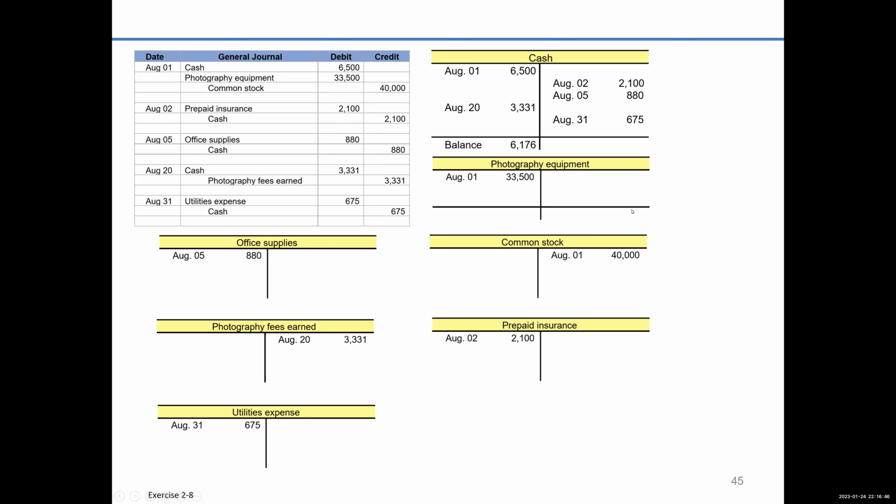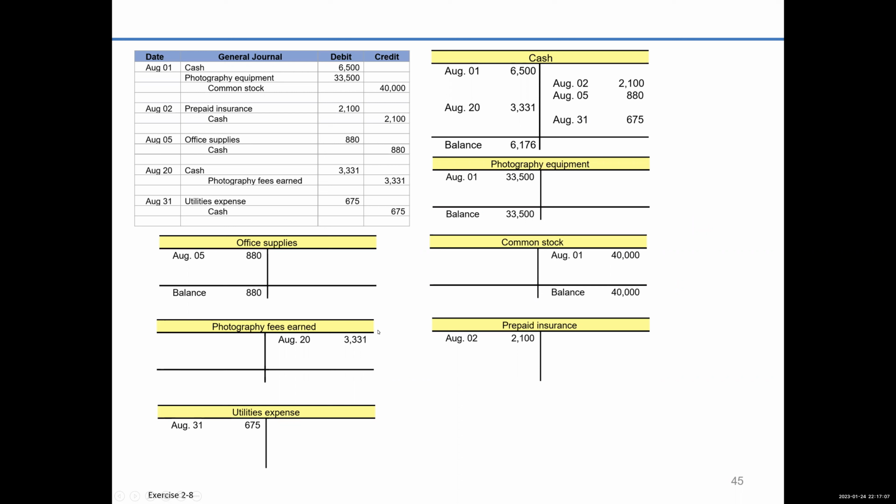Now the rest of these, we know what the ending balances are because they're single numbers. So our ending balance for photography equipment is 33,500. Our common stock ending balance is going to be 40,000. Our office supplies balance is going to be a debit of 880.